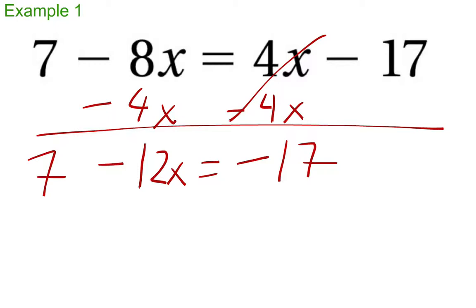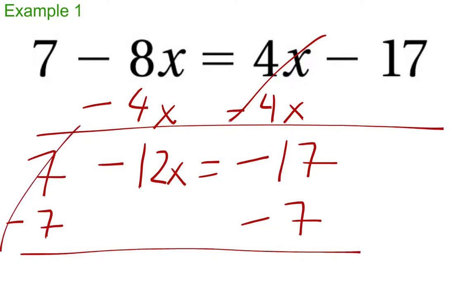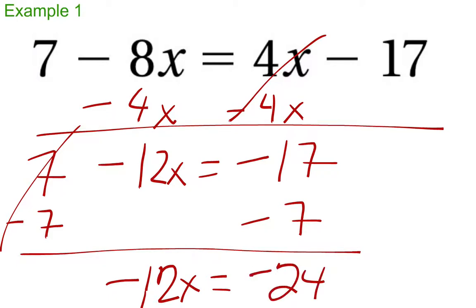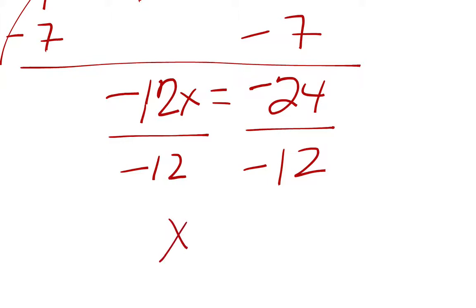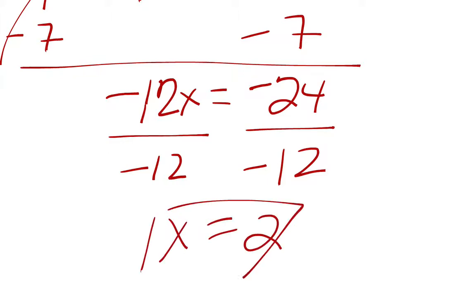We want to get x by itself, so subtract 7 from both sides. These cancel out. We're left with negative 12x equals negative 24. Now we have to divide both sides by negative 12 to get rid of both the negative and the 12. And you're still, again, left with positive 2.